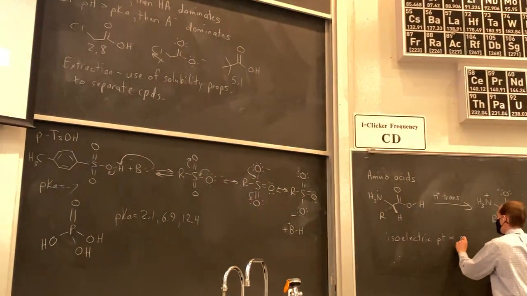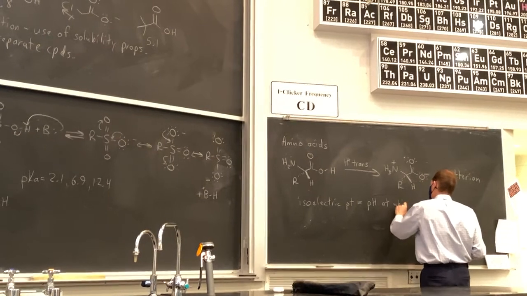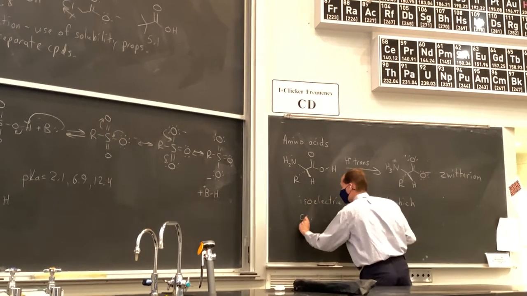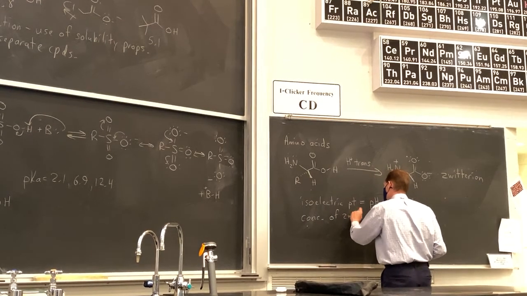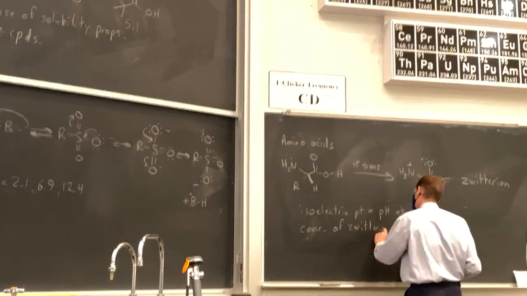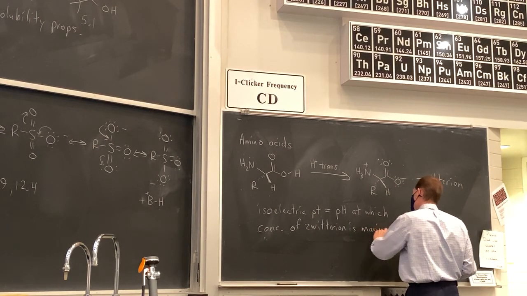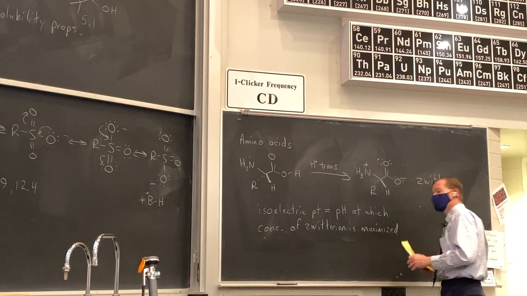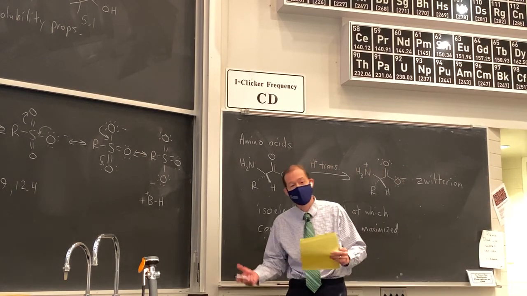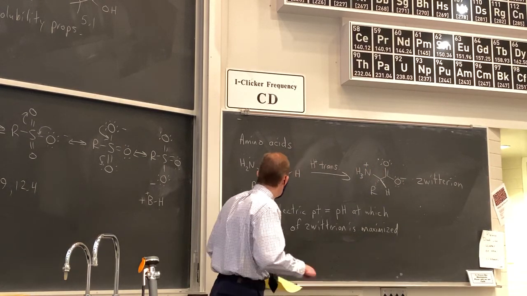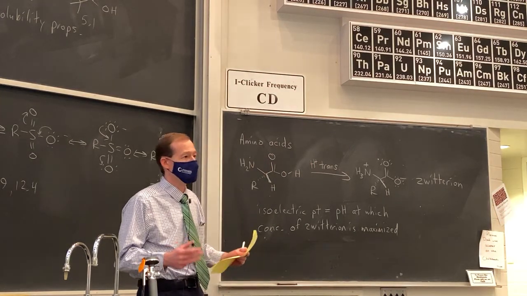The isoelectric point is the pH at which the concentration of the Zwitterion is maximized. Okay? We're not going to calculate that now. We're going to delve into that in more detail when we study amino acids, peptides, and proteins later on in the semester. But as long as you know what the isoelectric point is, then that's what's important for now.